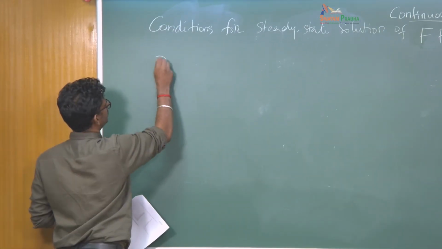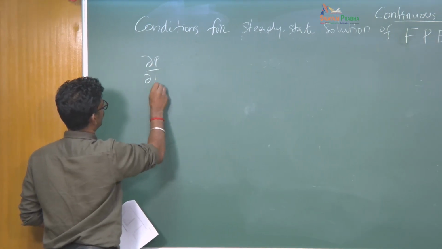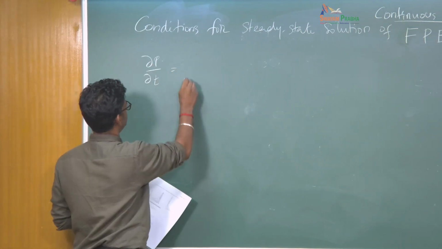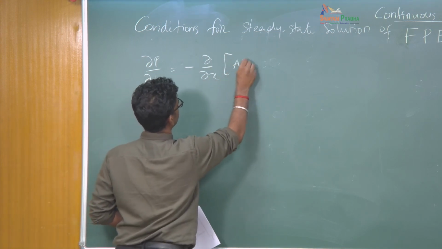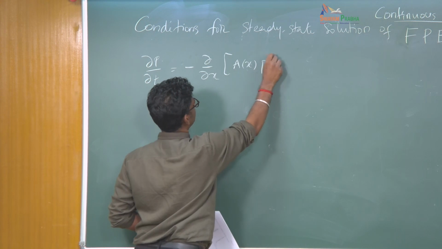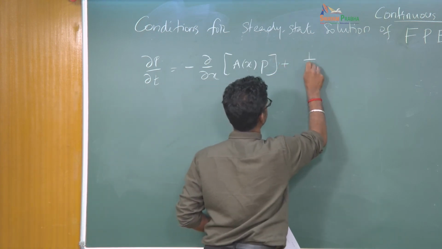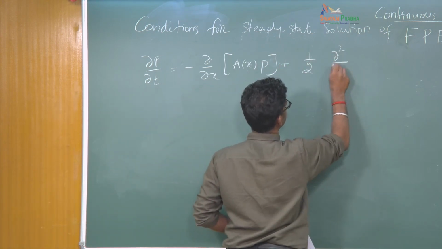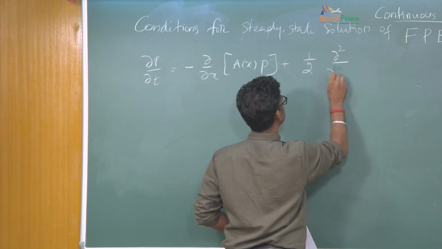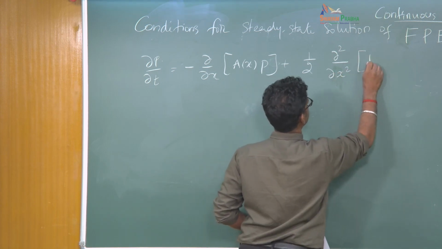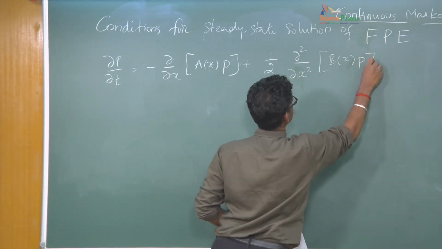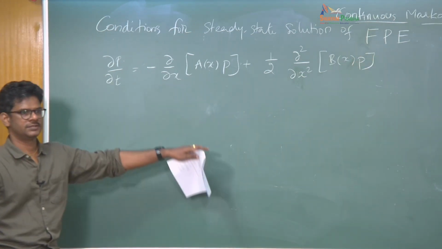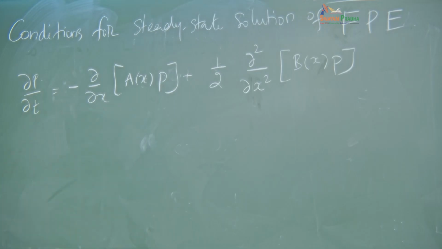So we start with the general expression for the Fokker-Planck equation. So we write this as ∂/∂x of a(x)p, and this is the Fokker-Planck equation in a general sense.